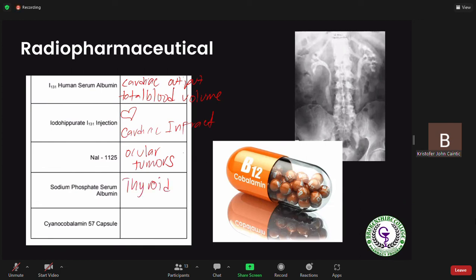And your cyanocobalamin, which is also known as vitamin B12, is used for diagnosing pernicious anemia.